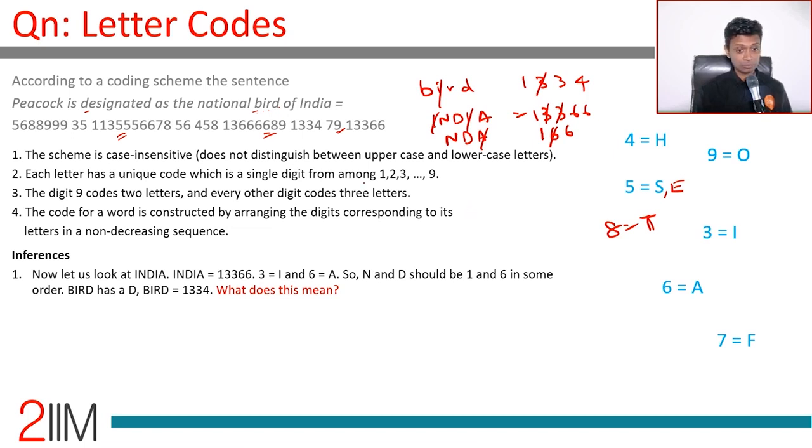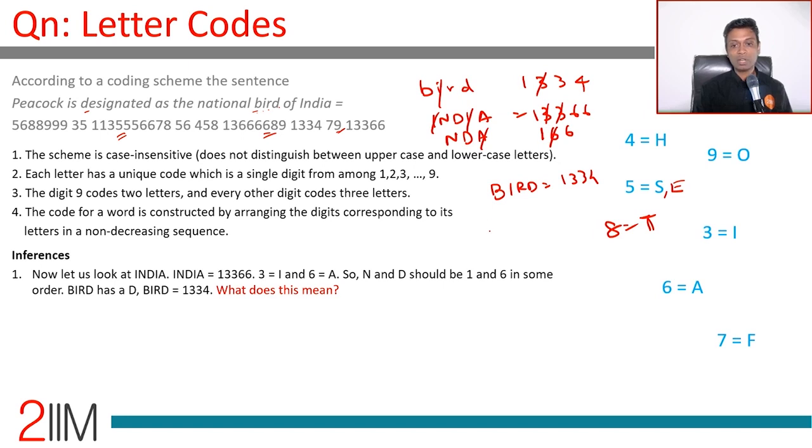National is 1, 3, 6, 6, 6, 6, 8, 9. That's a 1 and a 6. That doesn't work. N and D are 1 and 6. BIRD is 1, 3, 3, 4. There is a D sitting here in both of these.